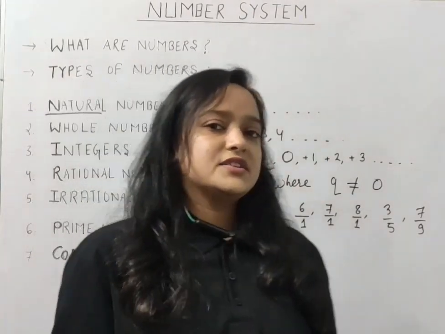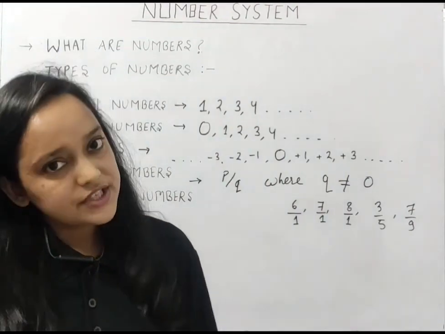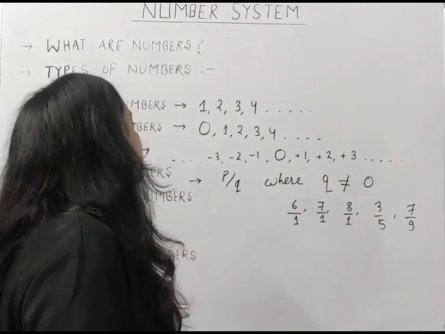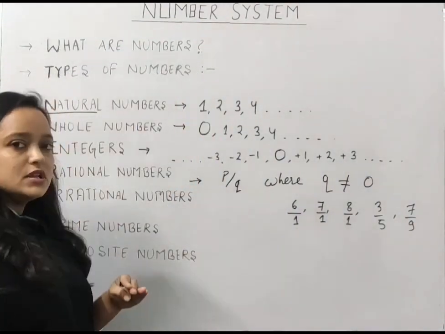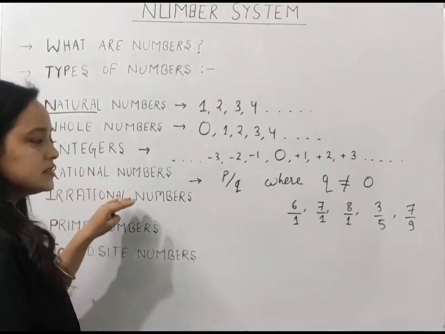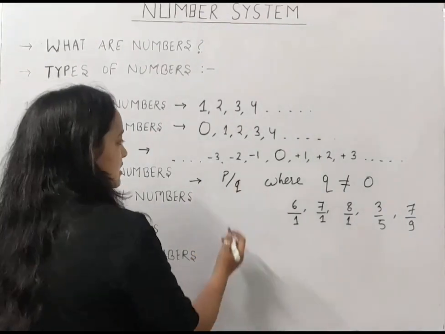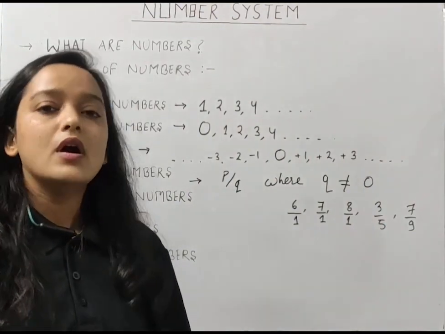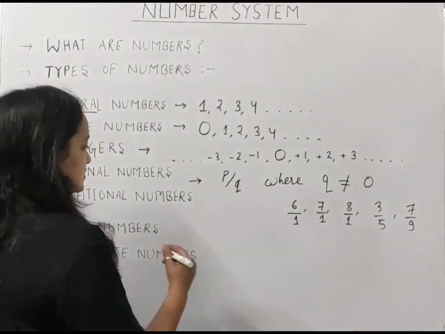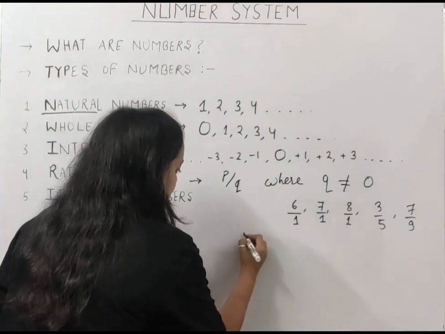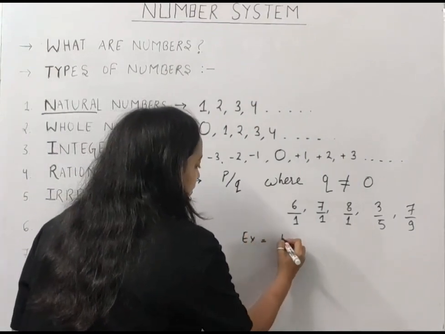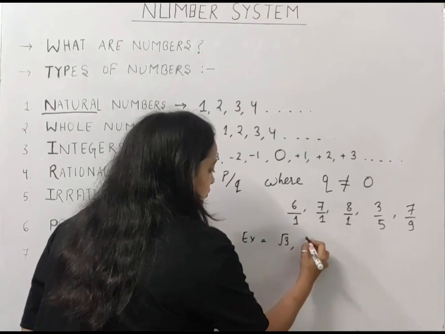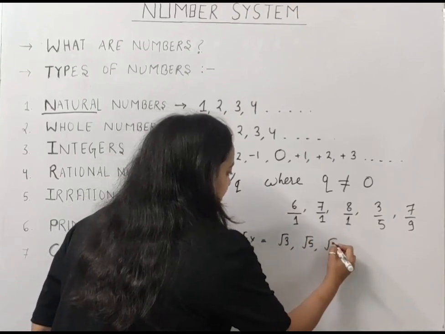Now irrational numbers. So what are irrational numbers? Simply, those which are not rational. Okay. So irrational numbers are those numbers which are not rational numbers. Right. So those numbers that cannot be written in the form of P upon Q are irrational numbers. For example, √3, √5, √7.